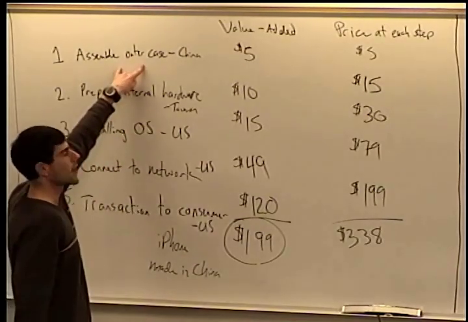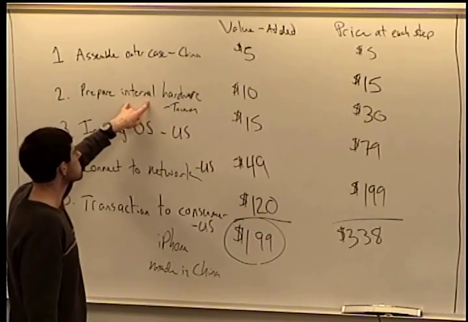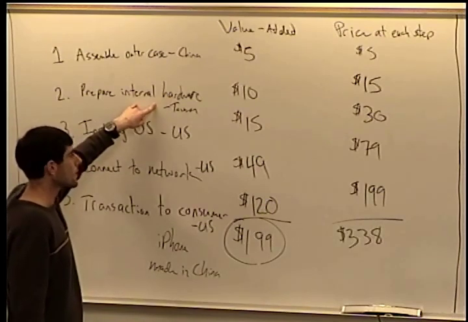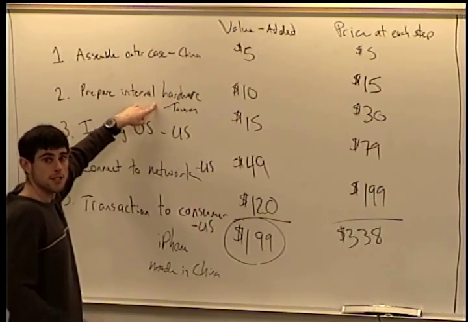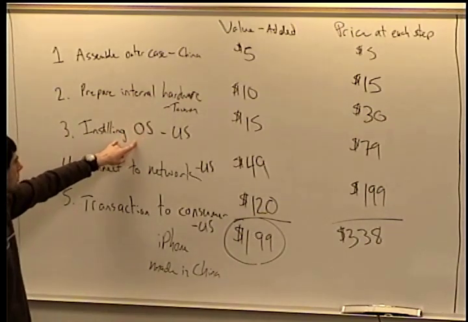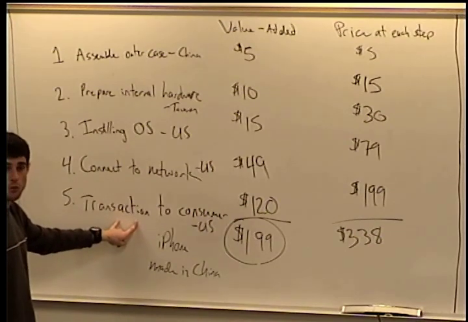Well, we didn't assemble that outer case, so we shouldn't count that as part of our GDP. We didn't prepare the internal hardware, so that can't be counted as US GDP. But Taiwan can claim it as their production because that's something that they contributed. The US installed the operating system, connected to the network, and sold it to you.